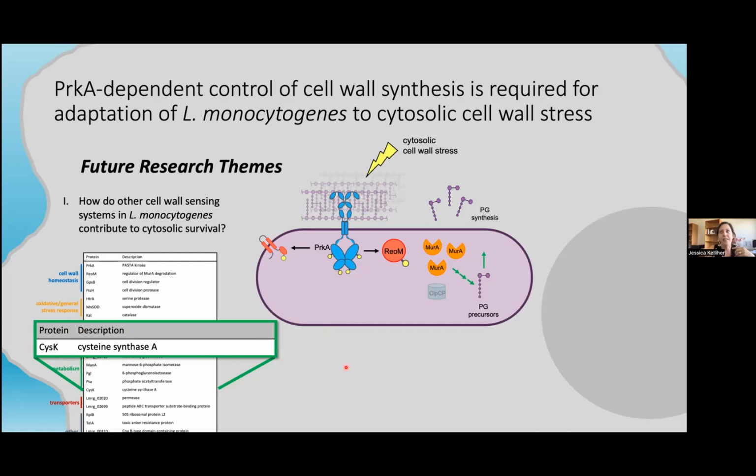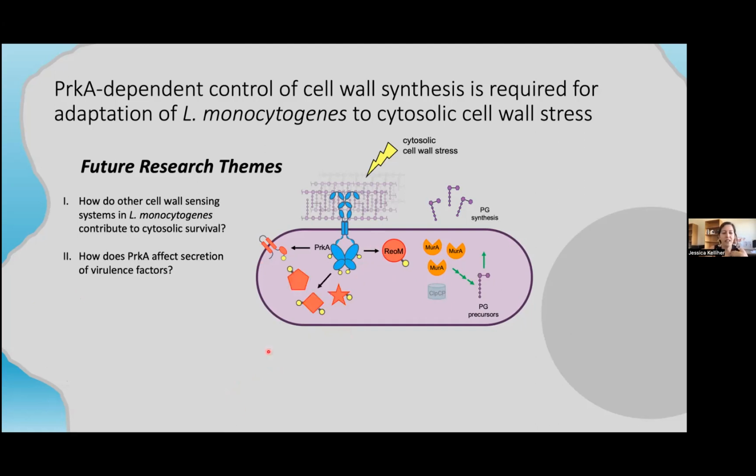And then as a balancing act, there's a phenotype with REOM mutants where we see a defect in secreting virulence factors as well. So we think that PERK is modulating cell wall synthesis and virulence factor production. And so I'm interested in understanding those competing processes.